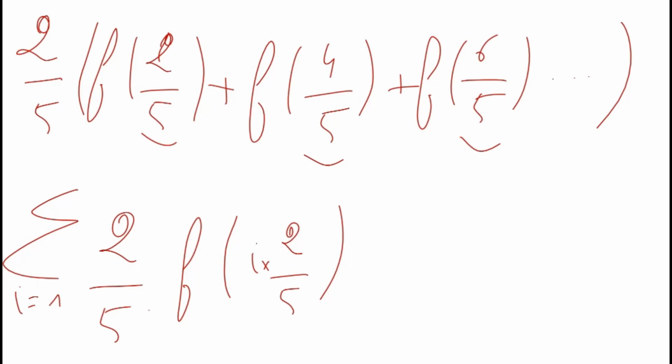So we'll multiply this up to 5. So this will be the area covered by the rectangles of our first approximation.